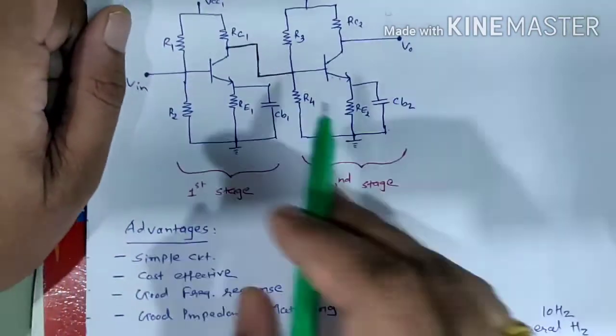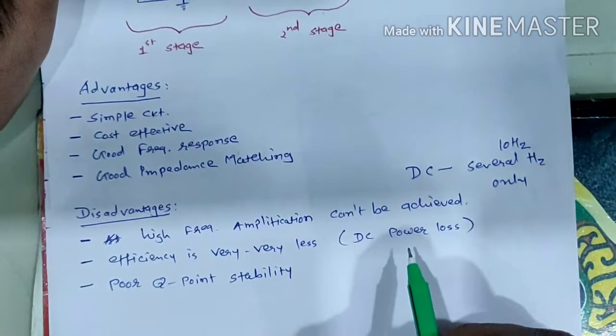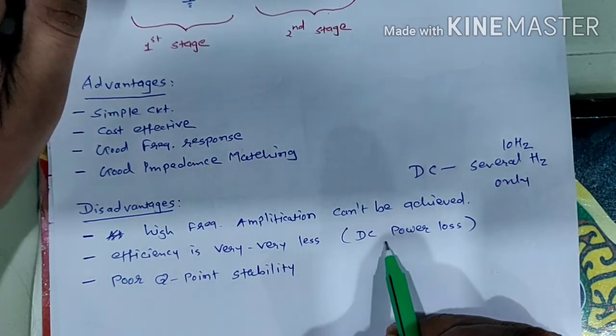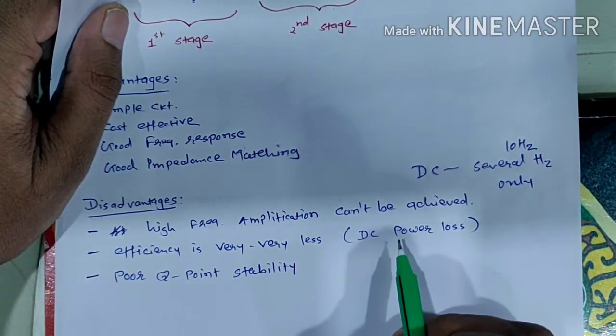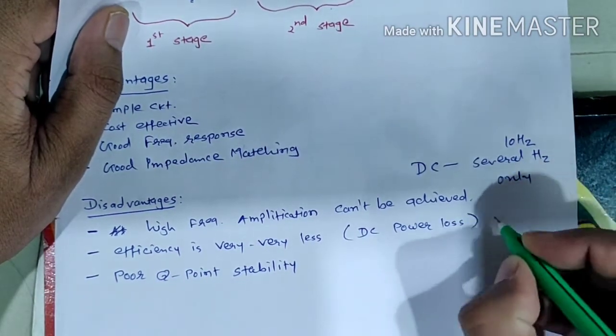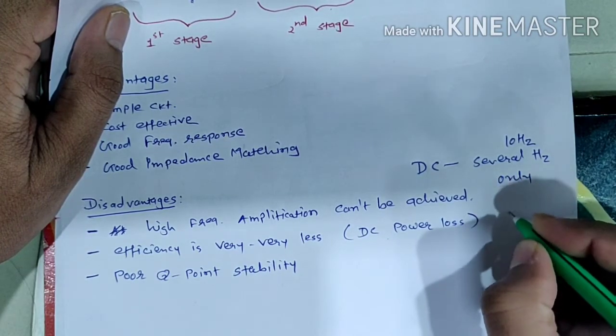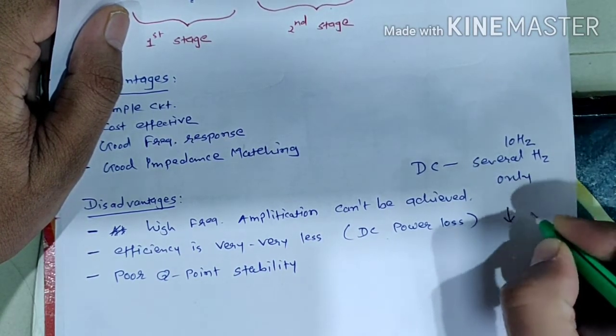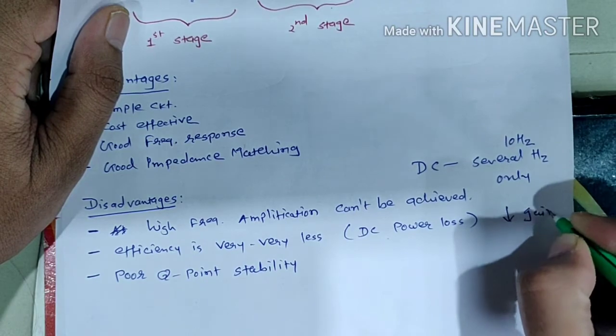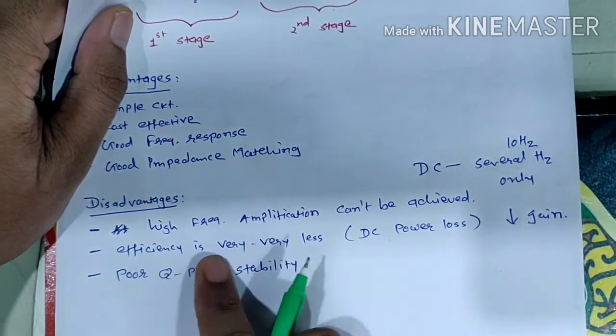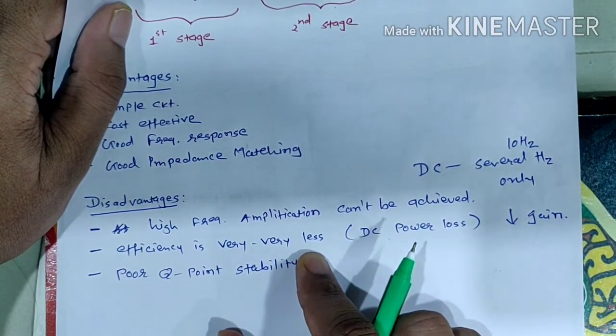There is no DC isolation, so DC signal power will be lost, so it provides very less gain. Okay, so we can say the efficiency is very less.